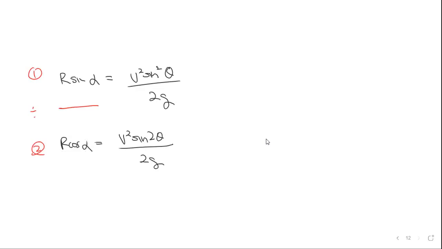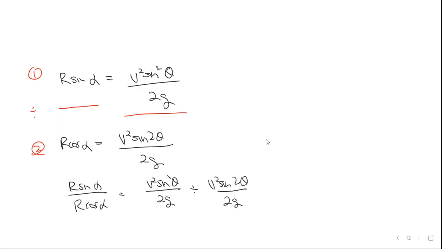Or in other words, you can put them over each other, and that means you're going to get r sine alpha over r cos alpha equals, and I'll write it out like this, maybe that'll make it a little bit easier, v squared sine squared theta over 2g divided by v squared sine 2 theta over 2g, which is going to be v squared sine squared theta over 2g times 2g over v squared sine 2 theta. And you can see a lot of things cancel now. R's on the left cancel, v squareds cancel, 2g cancels.